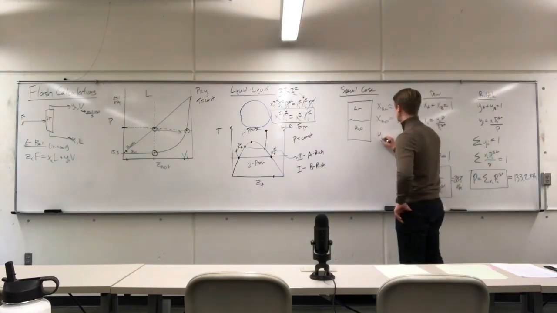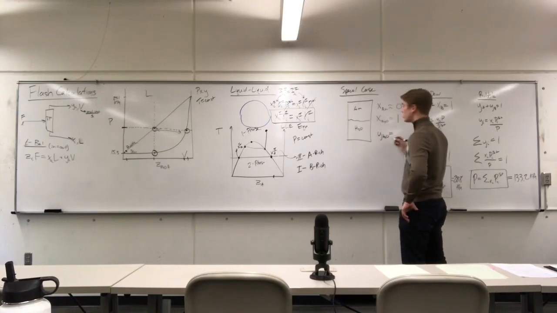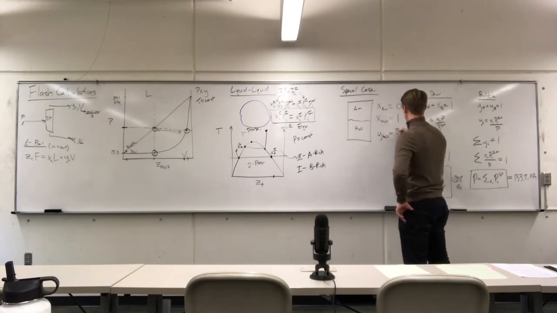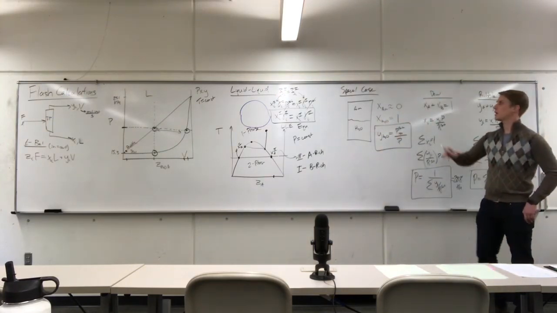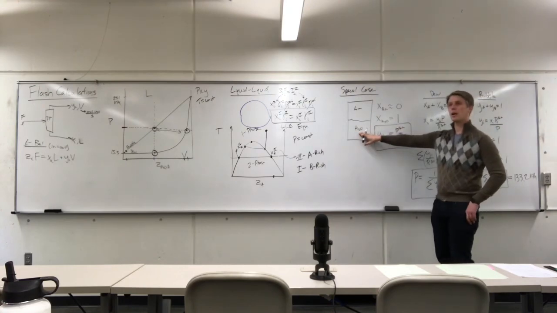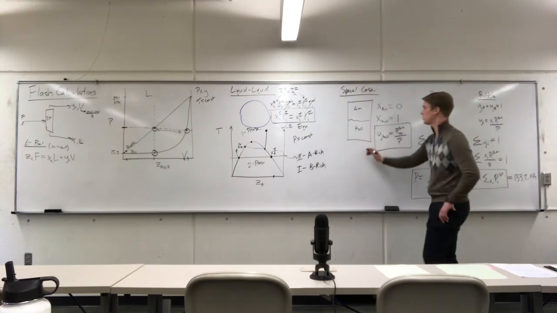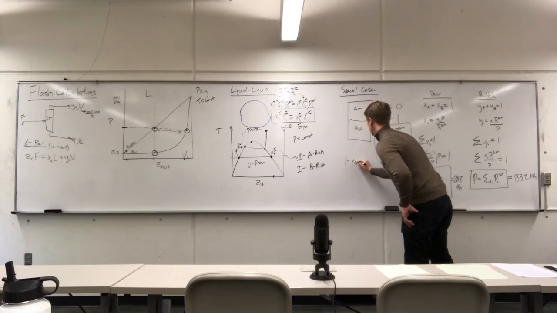So that lets me know that the mole fraction of water in the vapor phase is simply going to be equal to the saturation pressure of water over the system pressure, since the liquid mole fraction is 1. And this effectively tells us how quickly things evaporate. So this is the special case of one condensable component.